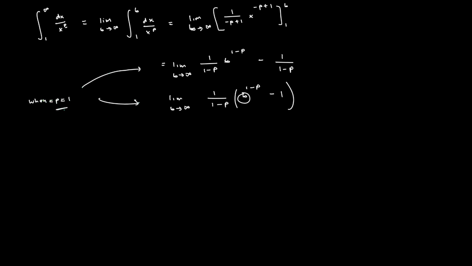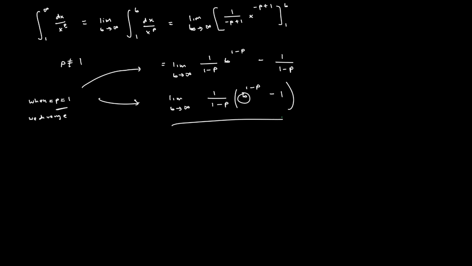So when p is equal to 1, we diverge. And so all of this analysis is for p not equal to 1. So that's where we're trying to analyze this behavior of the limit. So we have this limit of b to the power of 1 minus p.